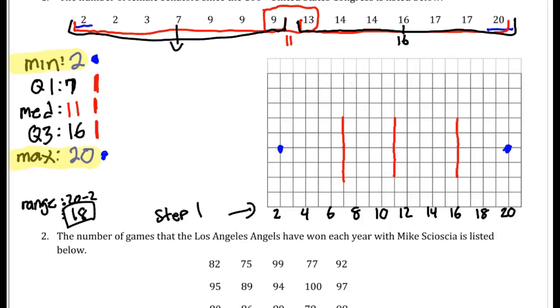So those are the 5 marks from your 5-number summary, the 5 marks you make on the graph. It's called a box plot because we take those vertical lines and connect them and make a box. And also put 2 vertical lines here.